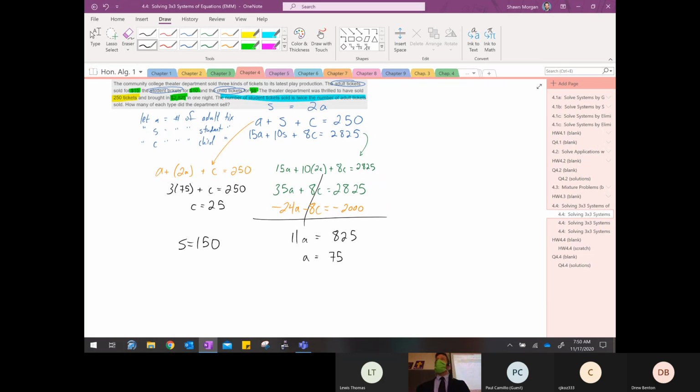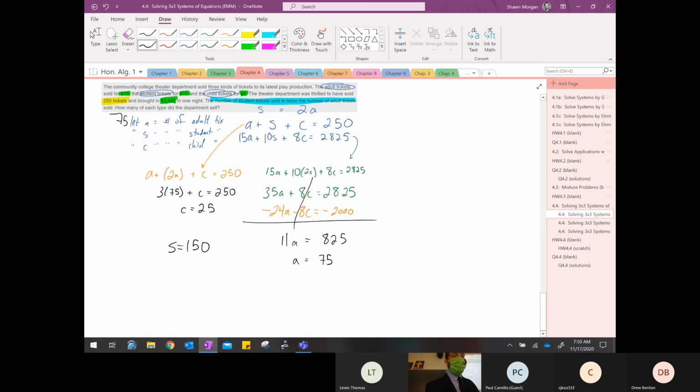And the way that we would answer this, and to go back to Lewis's question, would I put this in an ordered triple? No. I would just say, hey, there's 75 adult tickets, there's 150 student tickets, and there's 25 child tickets.